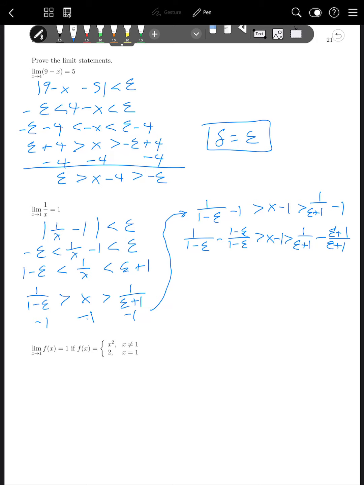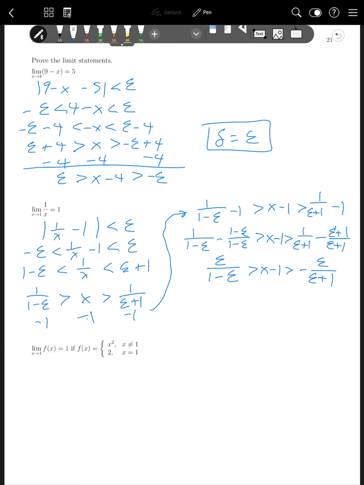So now I can subtract. So 1 minus 1 is 0, so those cancel. Negative epsilon would be epsilon. So this would be epsilon over 1 minus epsilon is greater than x minus 1, which is greater than, in this case, the 1's cancel again. So this would be negative epsilon over epsilon plus 1.